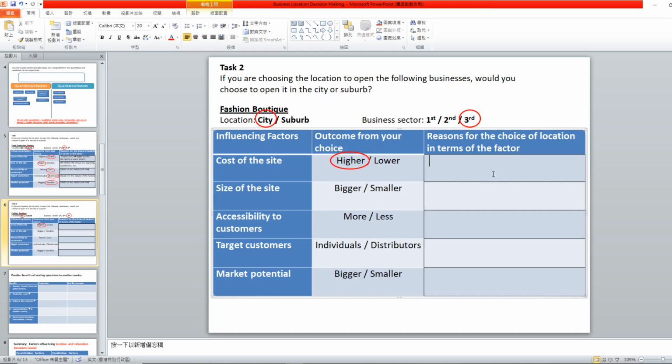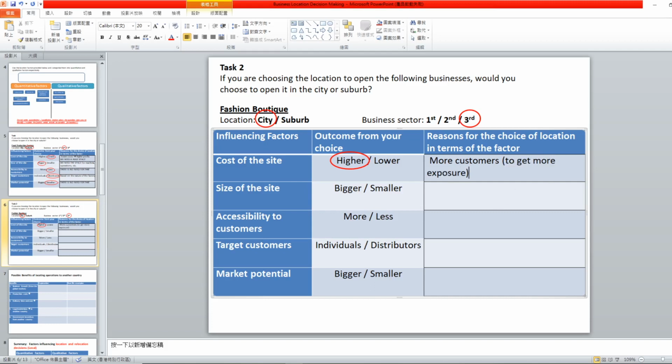Why do you need that? More customers. Because we are selling fashion, we are selling services, so we need to have more exposure.